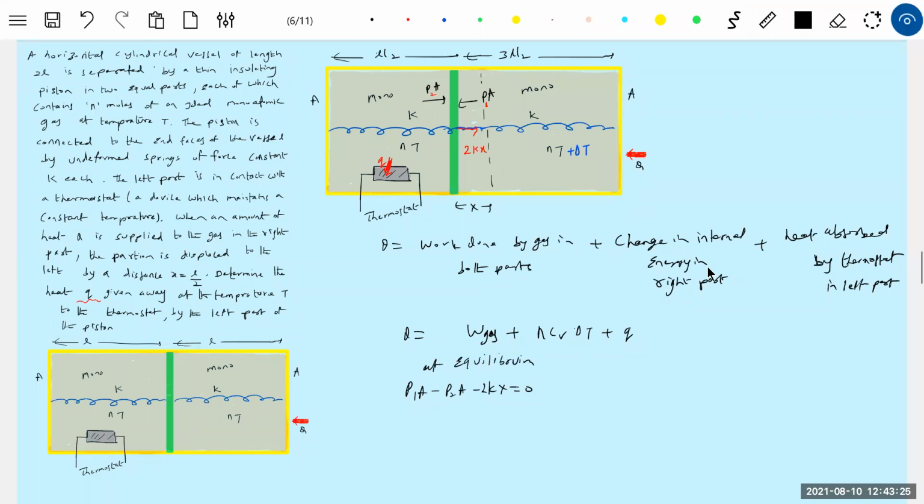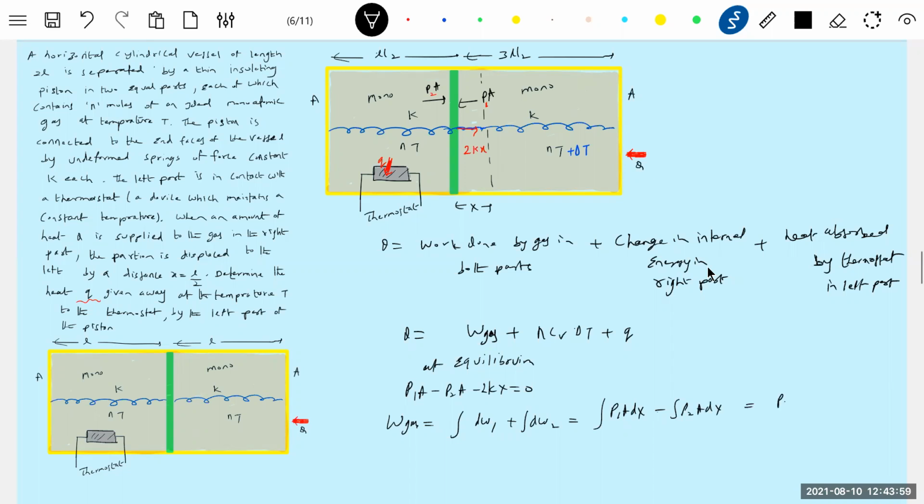The gas in the right part does positive work, the gas in the left part does negative work. What is the work done by the gas? We have to put it. So work done by the gas is equal to dW1 plus dW2. What is dW1? P1A dx minus P2A dx.